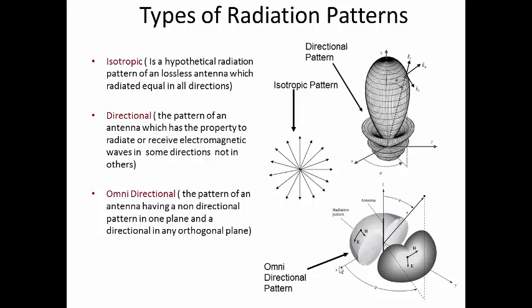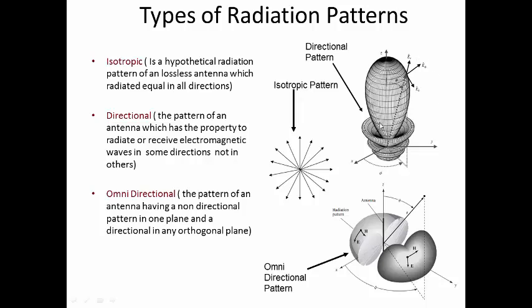If your antenna is radiating power in all directions, then that type of radiation pattern is known as isotropic radiation pattern, and that antenna is categorized as isotropic antenna. Equal power is radiated in all directions, but normally we don't have this type of pattern from any antenna because this is an ideal case situation which we are not going to have in real life applications.